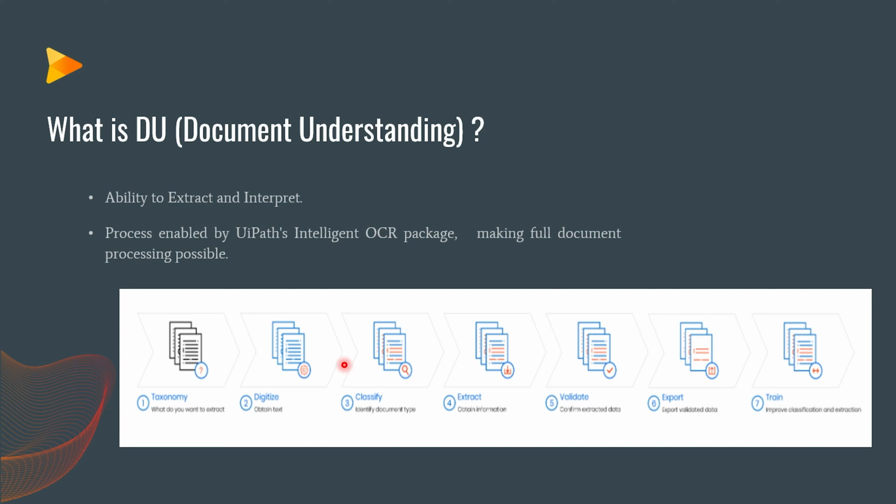Then based on some keywords we classify the input document, which category it is, and then we extract only the relevant information from the whole information, and then we validate the extracted information using a validation station. Then we export the results, and with machine learning we make it train by itself. So that's what DU means, in a high level overview.